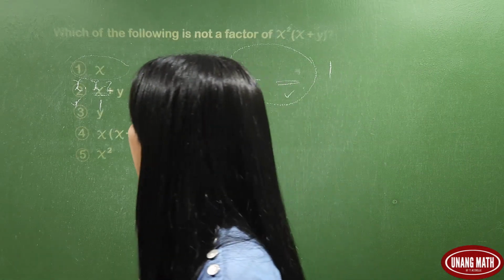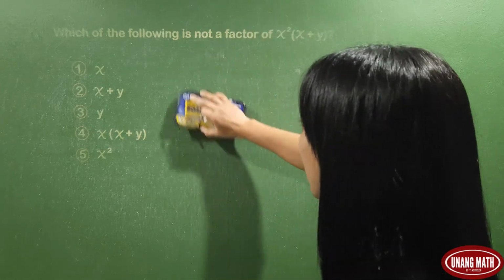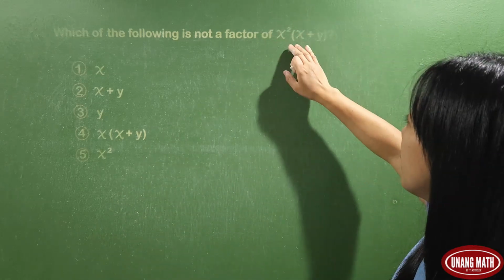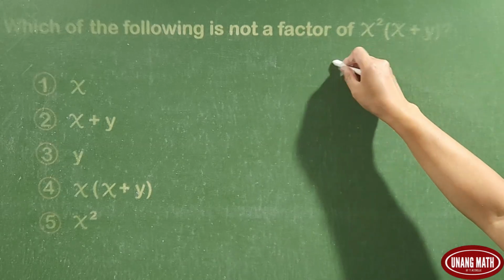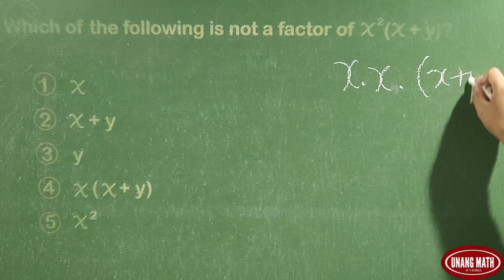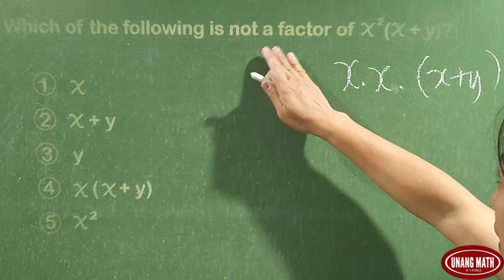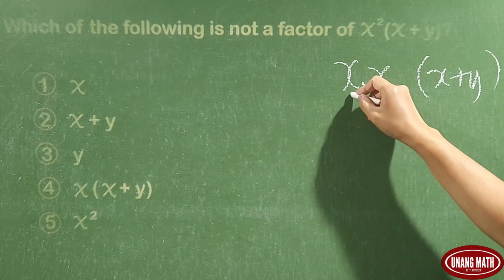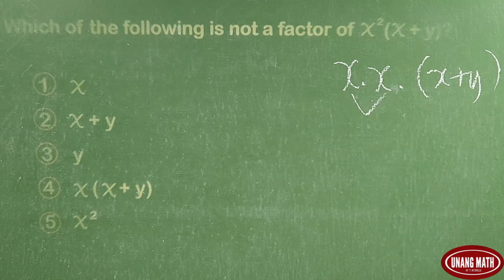Okay, now, let's answer this simple question. Which of the following is not a factor of x squared times x plus y? This expression can be written as x times x times x plus y. So which of the following is not a factor of this expression? This factor times this factor results in a factor of this expression.